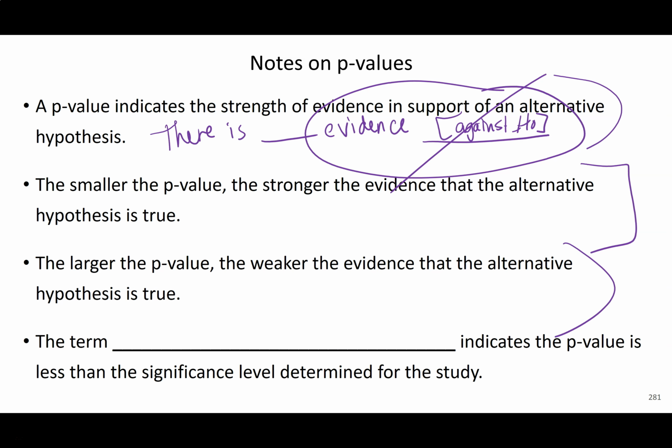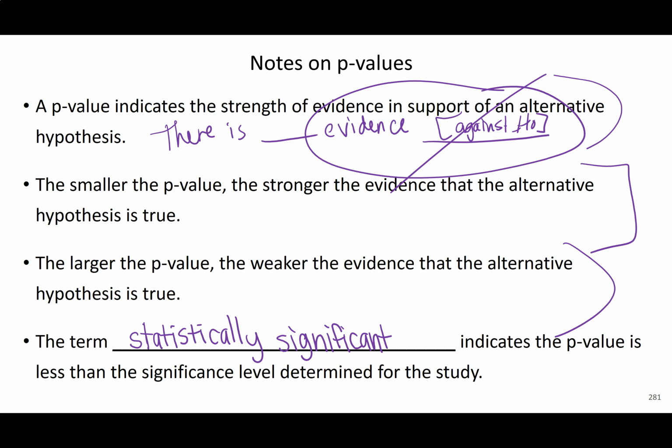And then we have this term, and it's not the end-all be-all that a lot of folks think it is: statistically significant. If somebody says something's statistically significant, that means the p-value is small enough that they rejected the null.